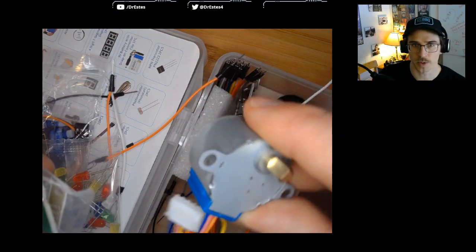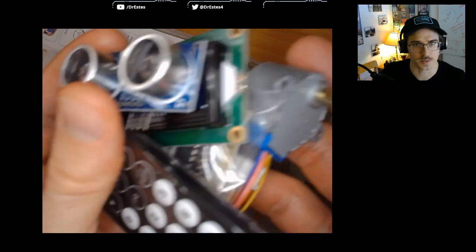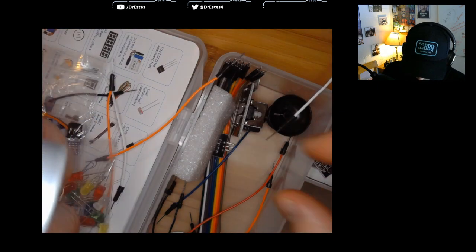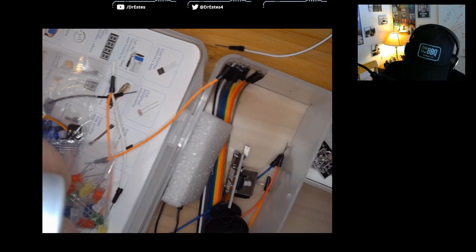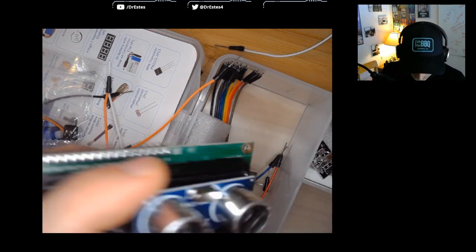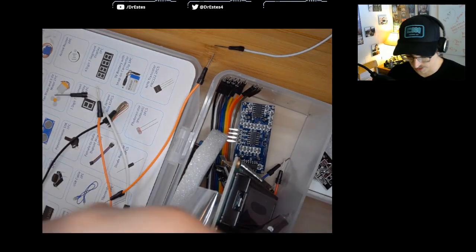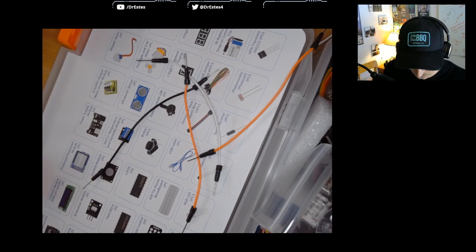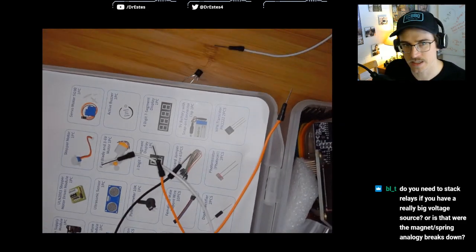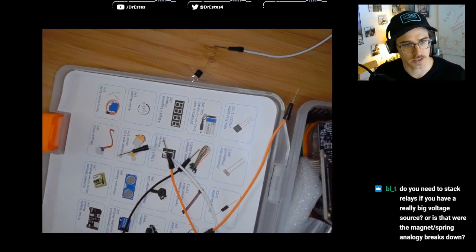Don't need the stepper motor. So this would save some space. When you get this thing, it's super clean, packed up nice and tidy, and then it never gets back to that condition. Ever!